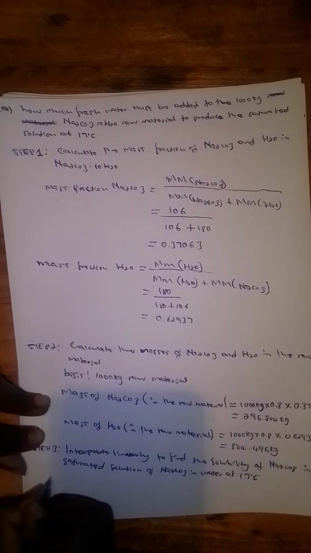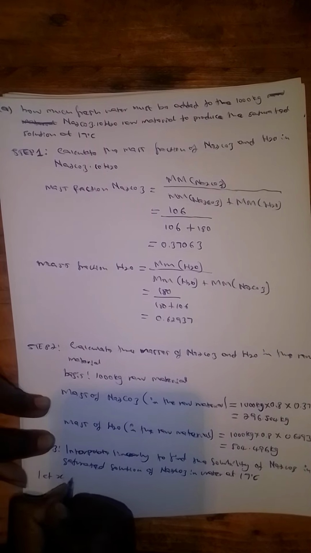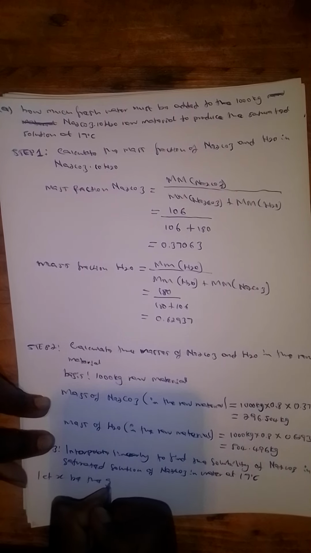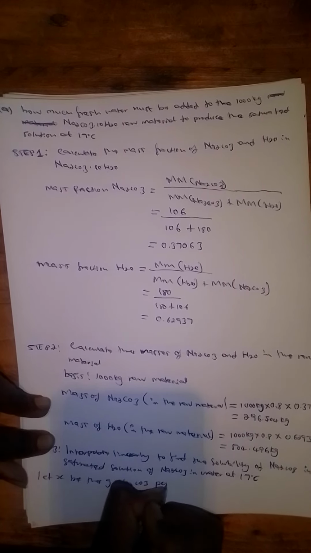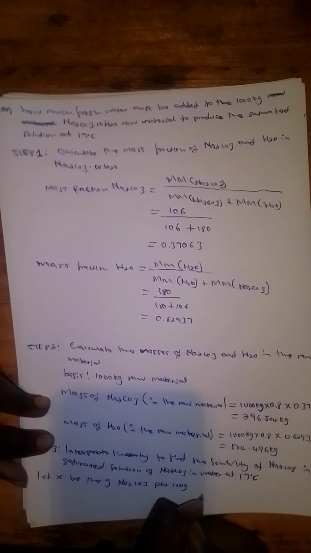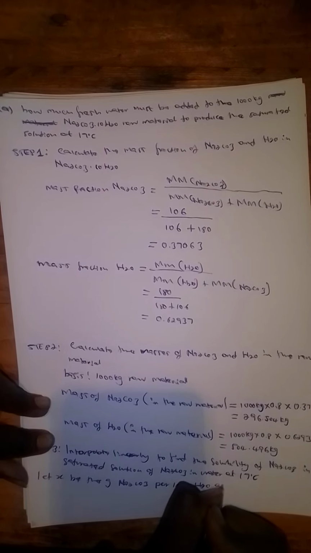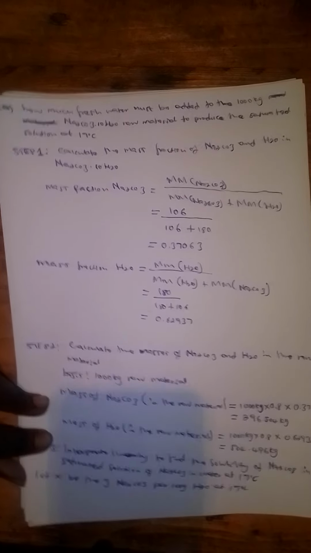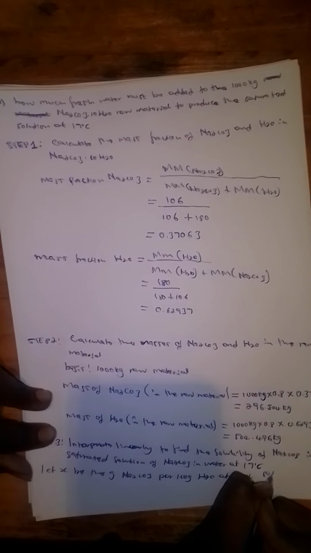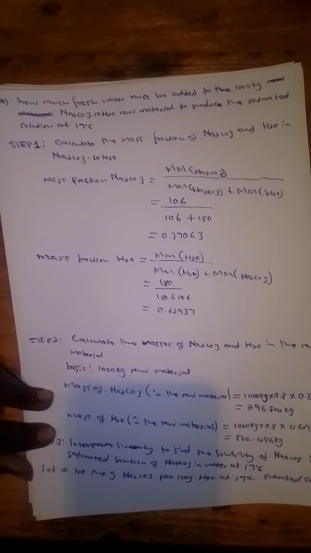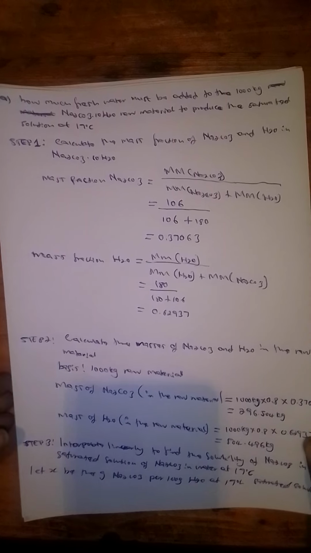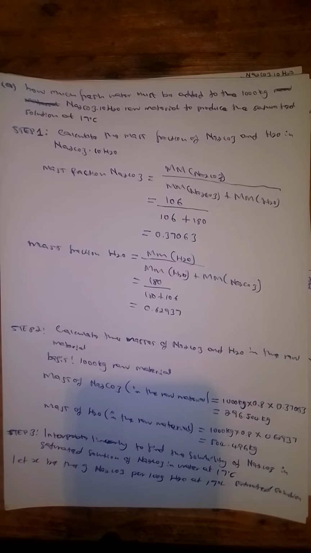So to make it a little bit easier, let's define X. Let X be the grams of Na2CO3 per 100 grams of H2O at 17 degrees Celsius, saturated solution. I hope it's clearer.